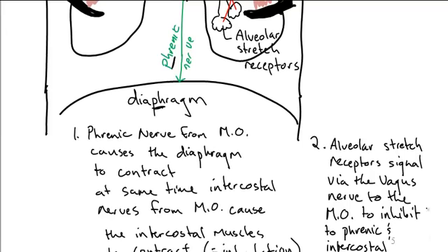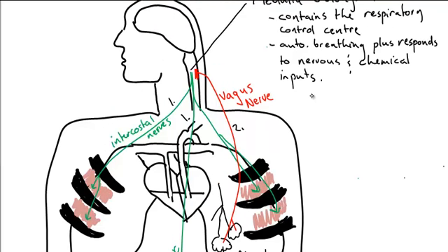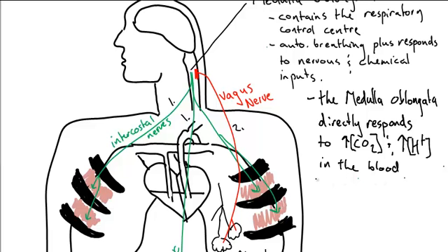Then, chemicals can also play a role. In particular, the MO, medulla oblongata, directly responds to high CO2 and high H+ concentrations in the blood, causing an increase in rate and depth of breathing.